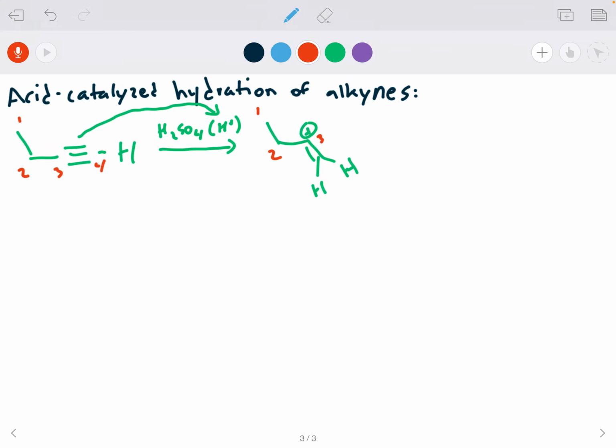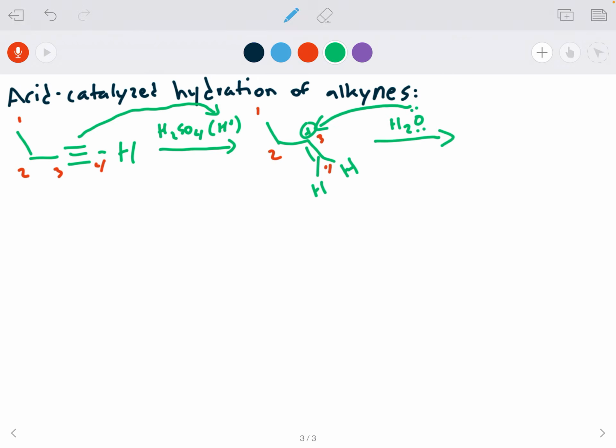Still making sure we got our 4 carbons. The next step, water comes in. So this is not going to be a reaction that takes place in concentrated sulfuric acid. You would have it in aqueous sulfuric acid or dilute sulfuric acid.